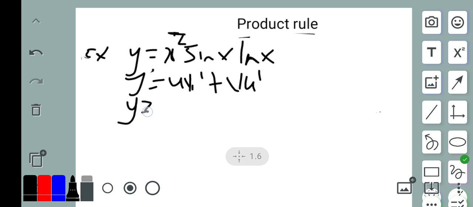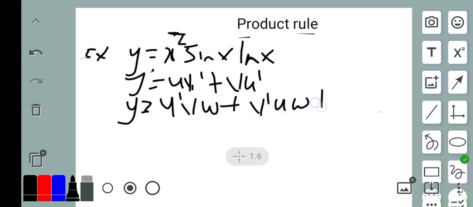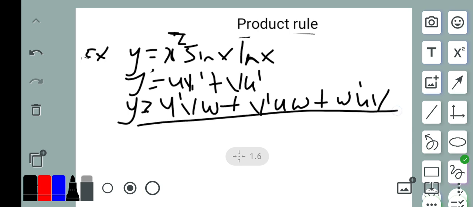Let's say we have three functions u, v, and w. Then y prime equals u prime v w plus v prime u w plus w prime u v. This is the formula we are going to use today to differentiate three different functions multiplied together using the product rule.